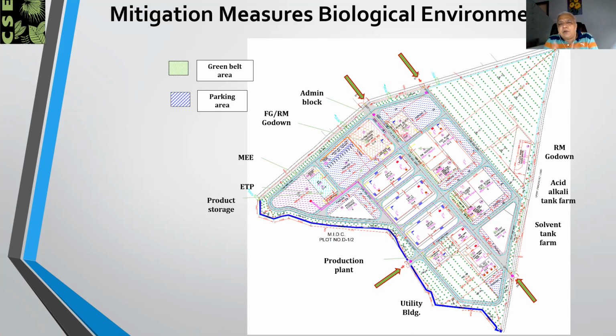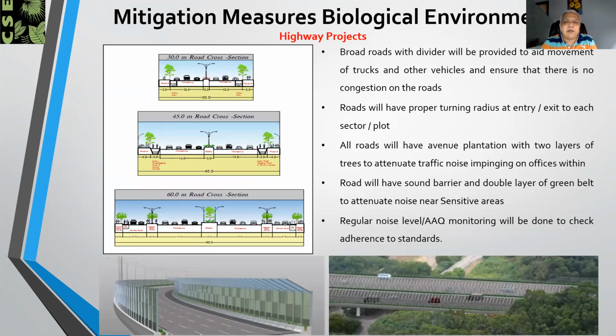The manufacturing part of the plant is towards the center, and there is a green layer all around the facility. This has been particularly highlighted because of the incidents which have occurred recently, like at Vizag, etc., where the populace was very close to the manufacturing facility.